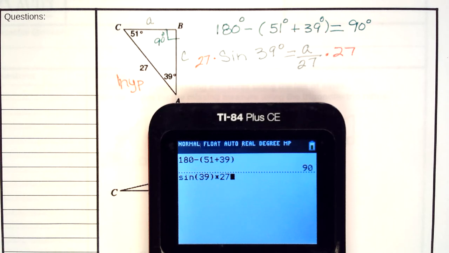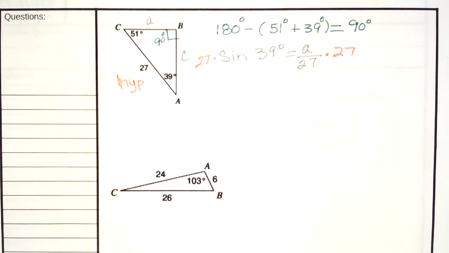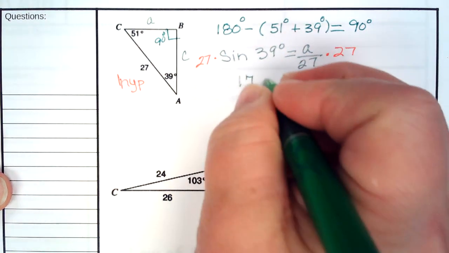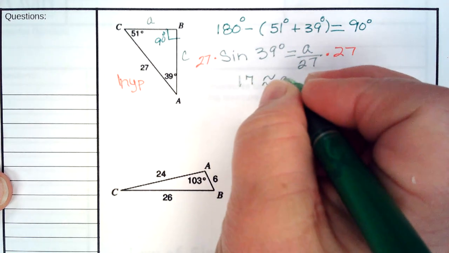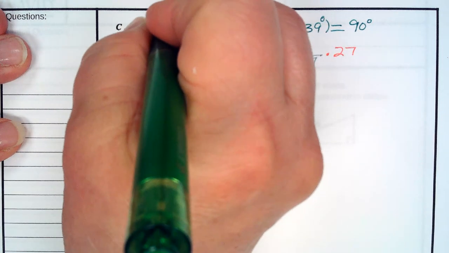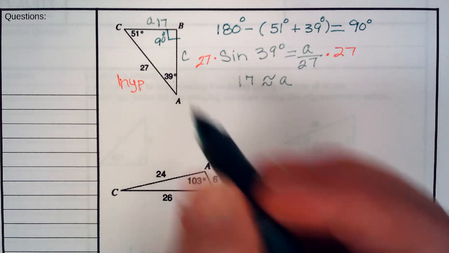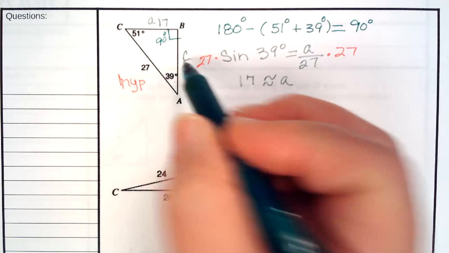Sine of 39 times 27, 16.99. A is about 17. Now, if I wanted to, I could use the Pythagorean theorem. But it's just as easy to use the cosine ratio. We're looking for the adjacent.